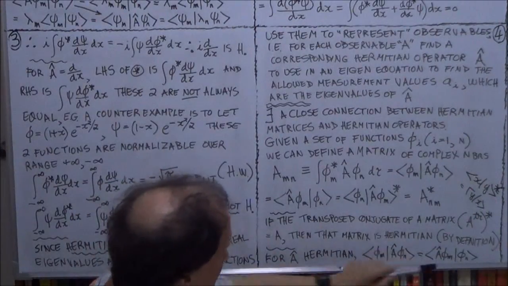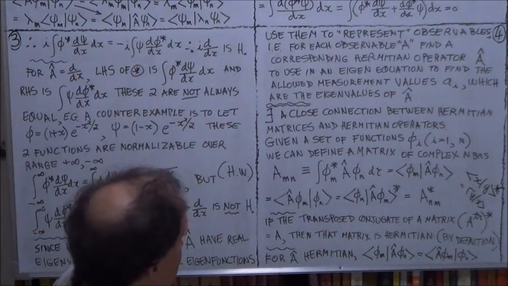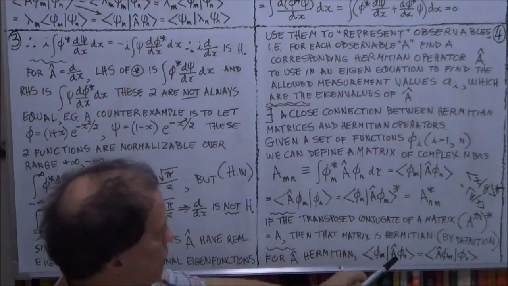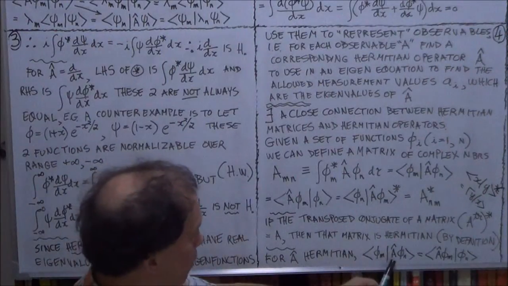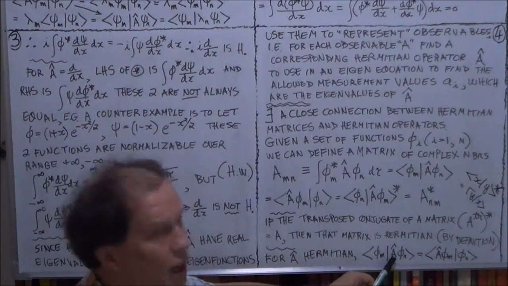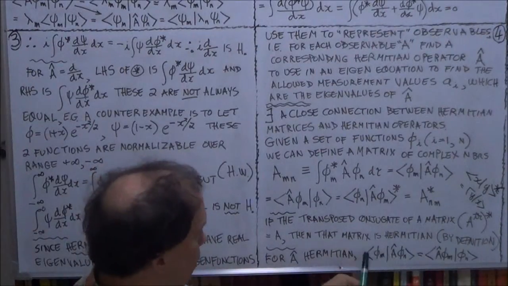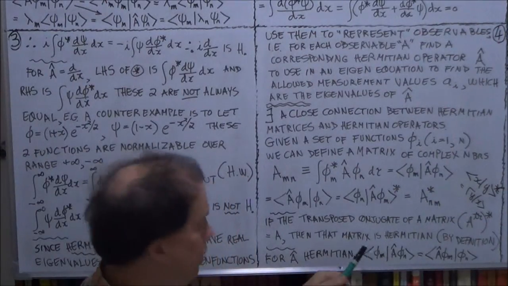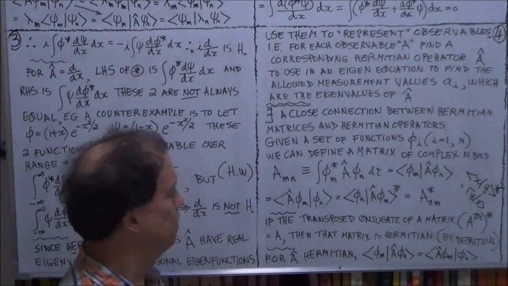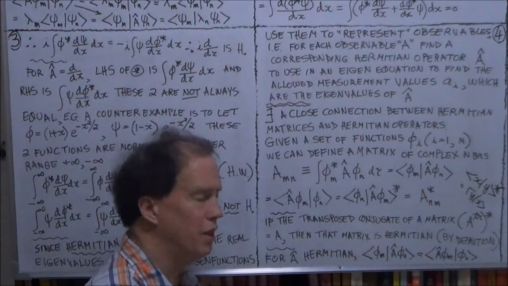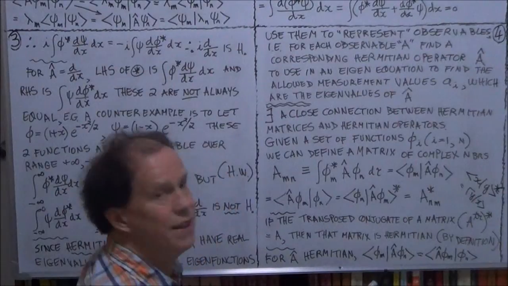Perhaps I shouldn't have put this line in here. You know this is true. It's just the definition of a Hermitian operator. So you can bring this A from the ket side, the right hand side, over to the left side here, and because it's Hermitian by definition, this equals that. There's almost a kind of symmetry. It doesn't really matter where the A is.